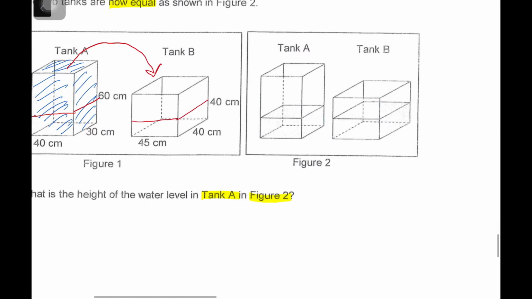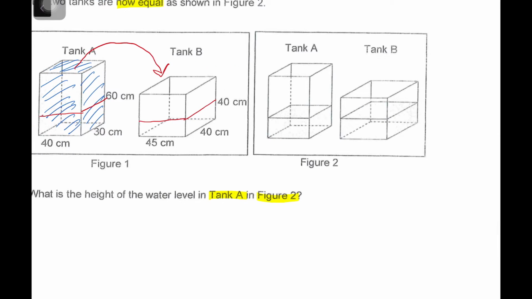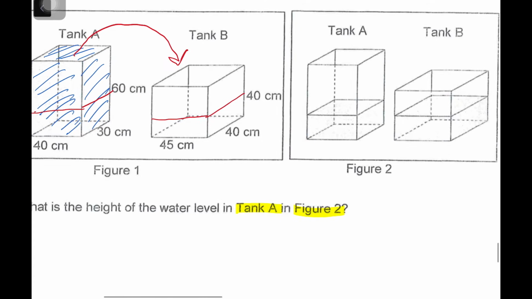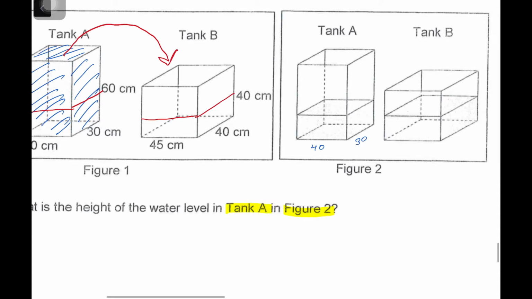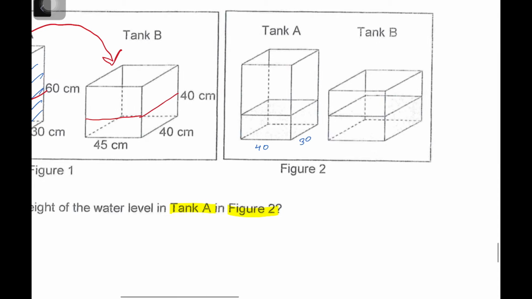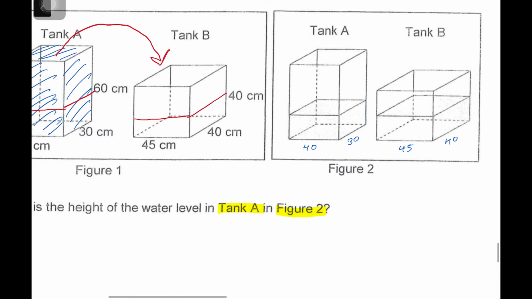Before that, we need to label figure 2. The base of tank A has a length of 40 centimeters and a breadth of 30 centimeters. And for tank B, the base dimensions are 45 for the length and 40 for the breadth.